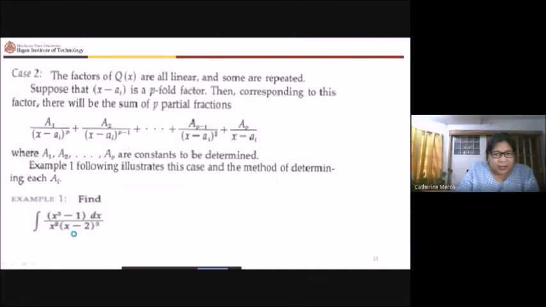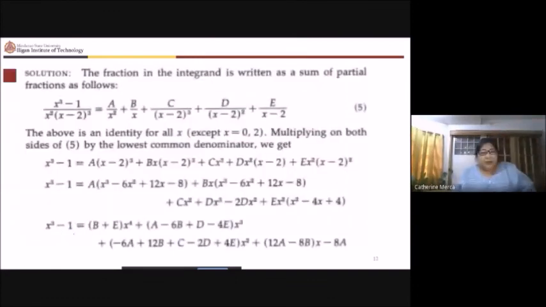And how do we do that? You will have the following. The first value, if pag x squared siya, diba? So how do you write the sum of partial fractions? The sum of partial fractions will now be, if this is x squared, you have to write down A over x squared plus B over x.